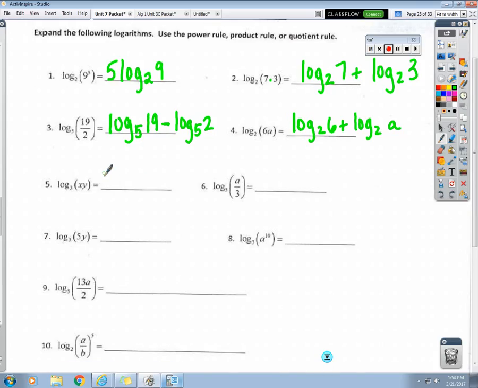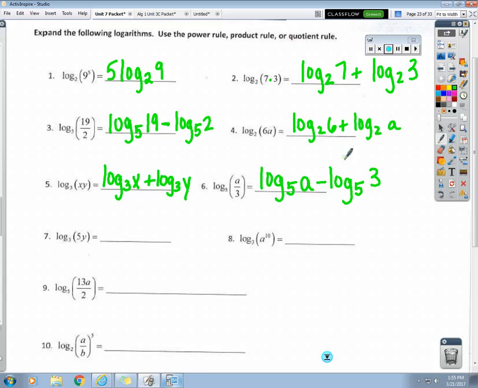So what will the expanded version look like? Correct? If it's a quotient like number 6, that's a quotient because A is divided by 3. So when you expand it, what is that base? 5 of A minus log base 5 of 3.